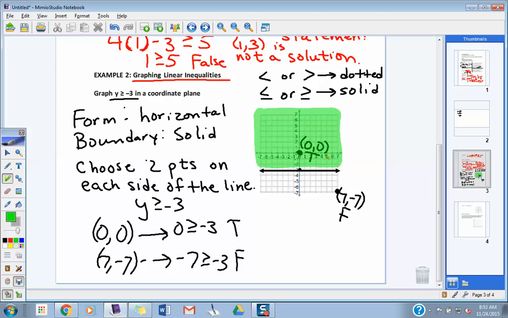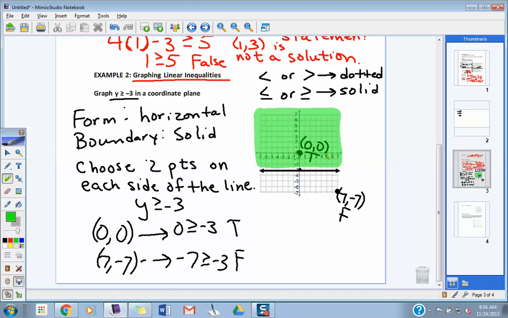Okay, I'll put it up here on the board. It won't show up in notes, but here's the board. If you ever have a y, I don't care if y is this way or what. If you ever have a y in here, and the sign points at this right here, wherever your y is and wherever your inequality is, if the inequality is pointing at the y, always go below or left, if you will.